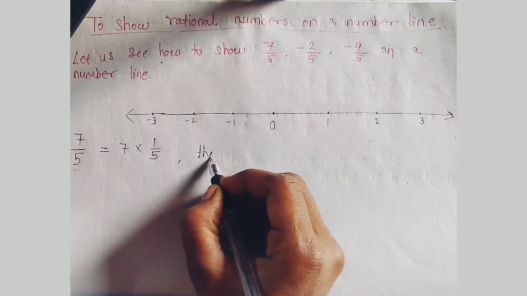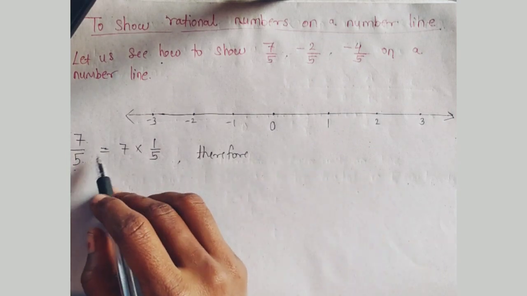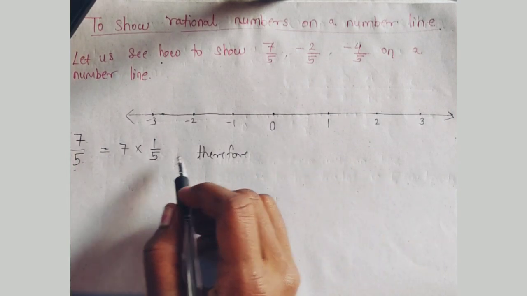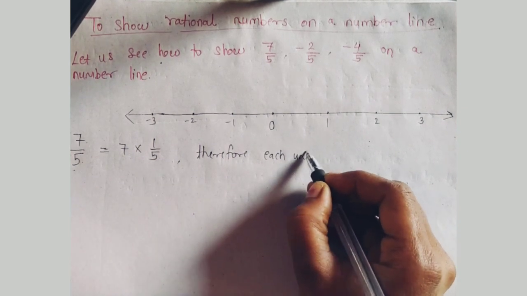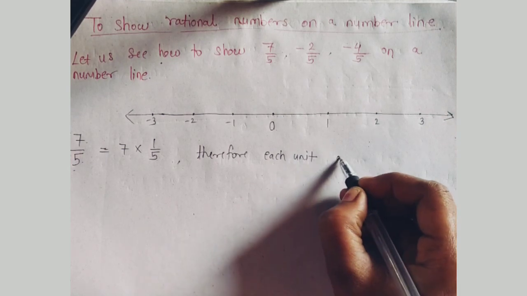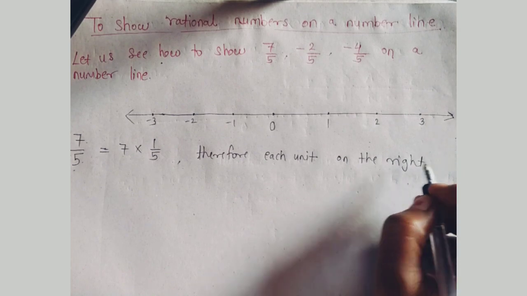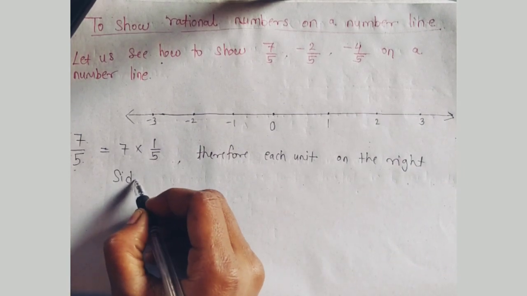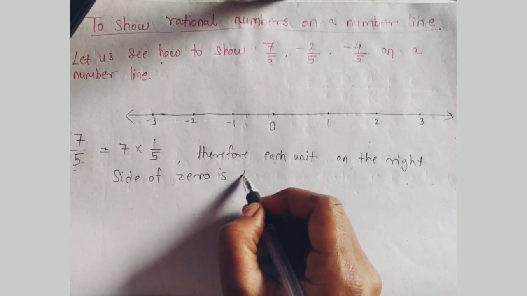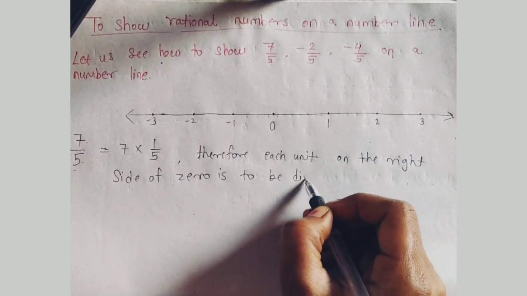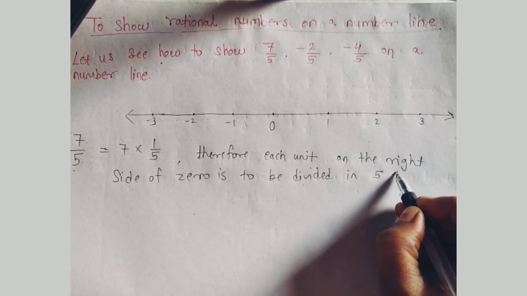Therefore, since 7 upon 5 is equal to 7 into 1 upon 5, each unit on the right side of 0 is to be divided in 5 equal parts.